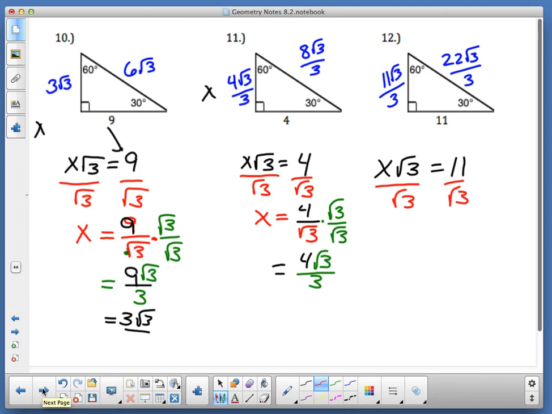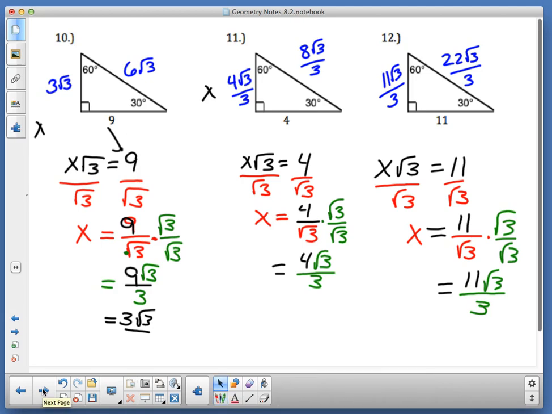As you're looking at this, you're going to get that 11 over the square root of 3, well, you're going to multiply by the square root of 3 over the square root of 3, and gosh, it's still going to be your final answer, 11 the square root of 3 all over 3. And wait, that's what it was. Weird. We figured out the pattern. So just make sure that you're focusing on that. That pattern should be in your notes.